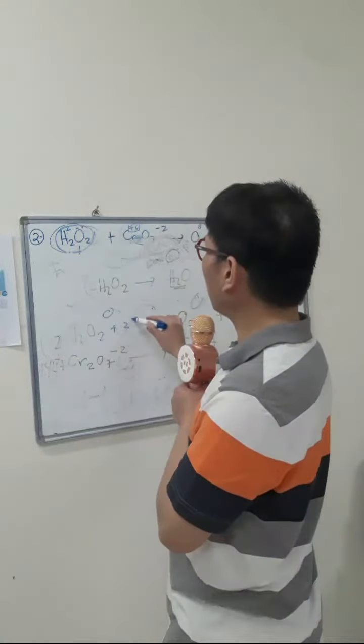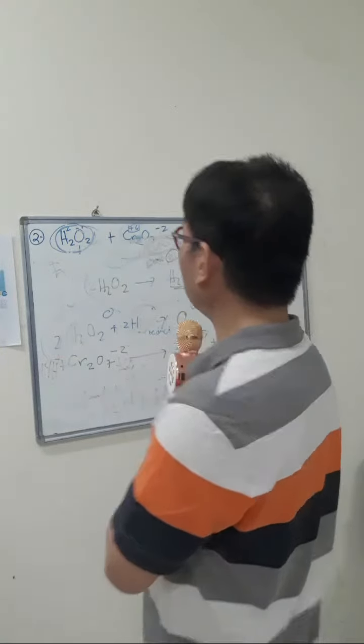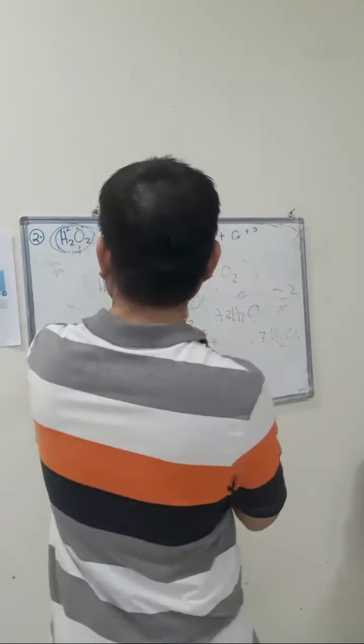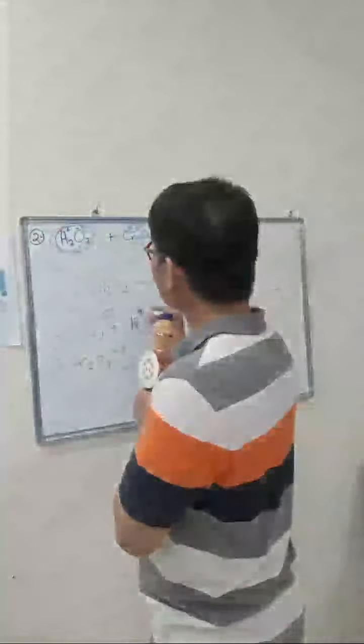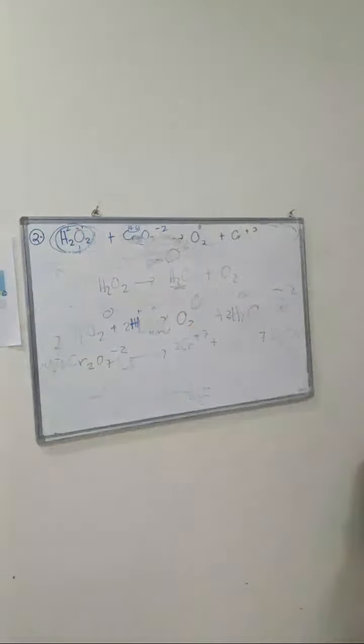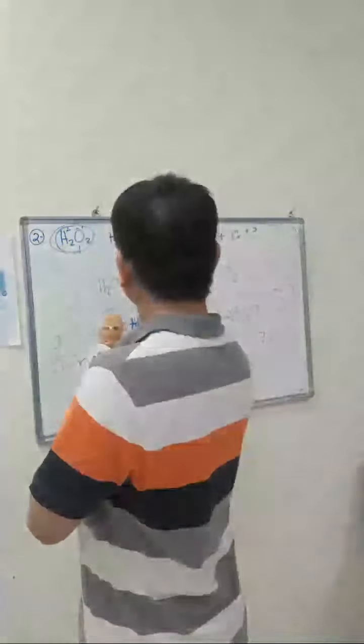Then remove the 2 here. H plus. 2H plus. 2, 4H, 2 plus 0, so 2, 0, 0, so 2. It's balanced now. You get the point?